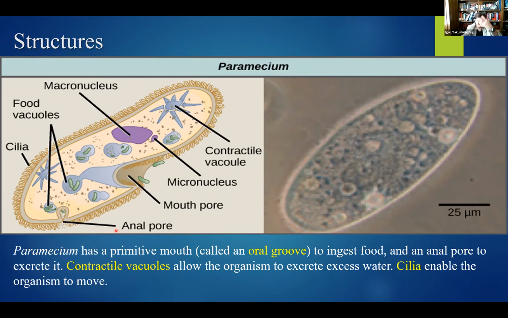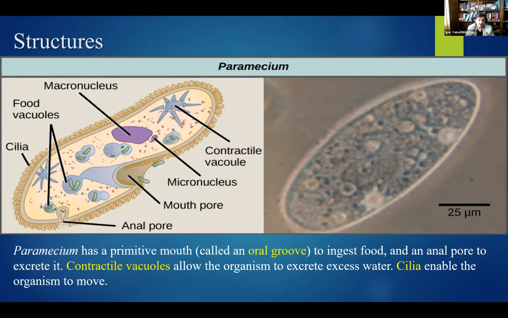In addition to a typical cell, there is endoplasmic reticulum, mitochondria, all that good stuff. But in addition to that, they have a very interesting structure known as a contractile vacuole. Contractile, contract means become smaller, right? So the contractile vacuole is essential for most protists.